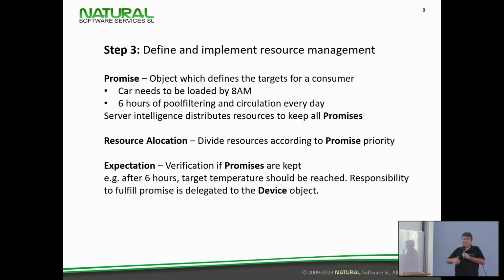So you don't actually care if it's being loaded by extra energy you have from your photovoltaic system today, or maybe it's being loaded in the night where the electricity is cheap. But the system has to evaluate, from the prediction, what's going to happen in the next 24 hours, when is the best time to really load your vehicle.